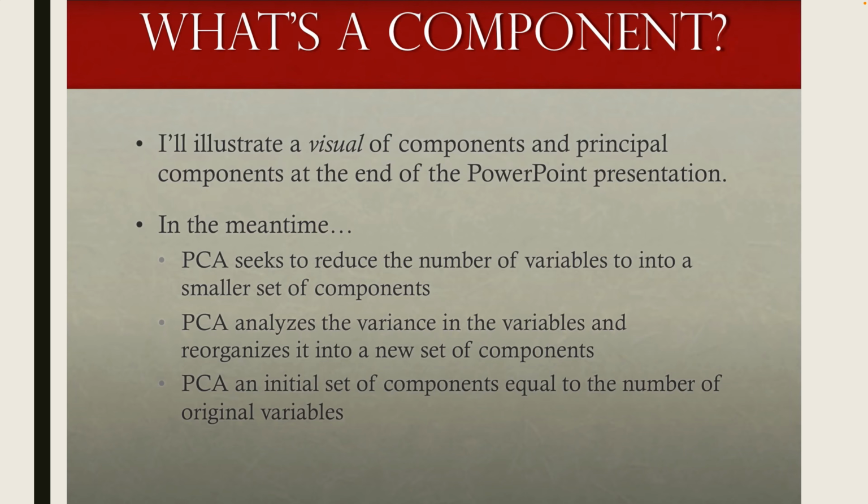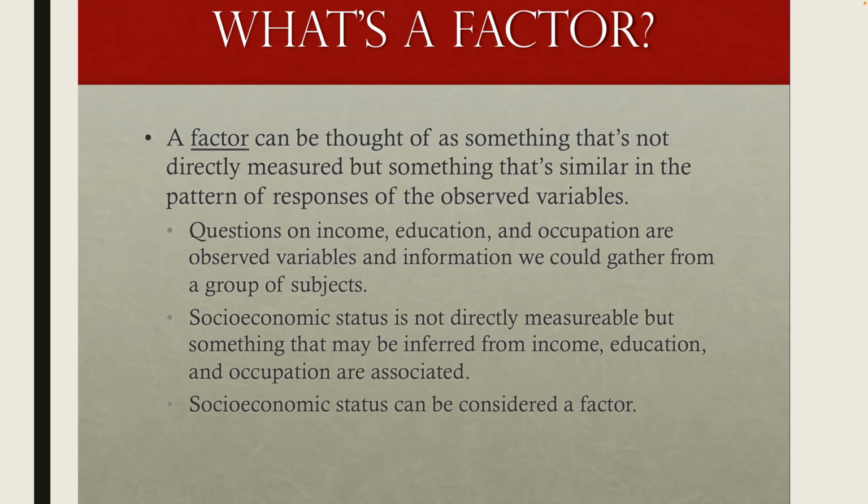So anyway, PCA seeks to reduce the number of variables, analyzes the variance, and you're going to see all this stuff as we develop it mathematically. What's a factor? Again, it's thought of as something that's not directly measured, but something that's similar in the pattern of responses of the observed variables.